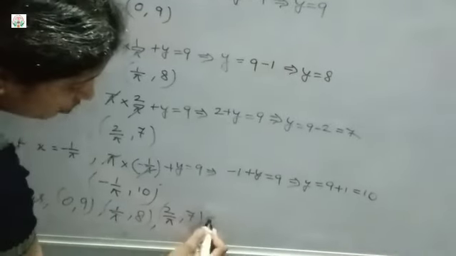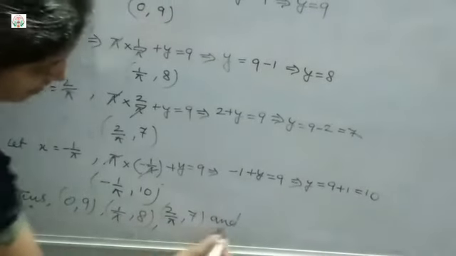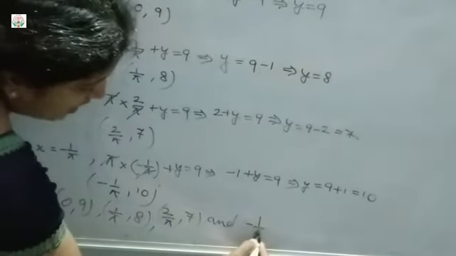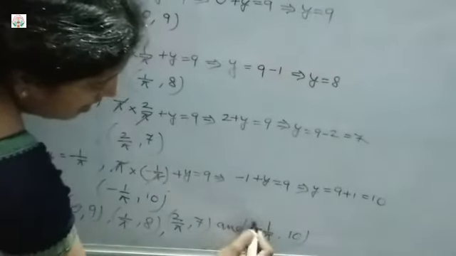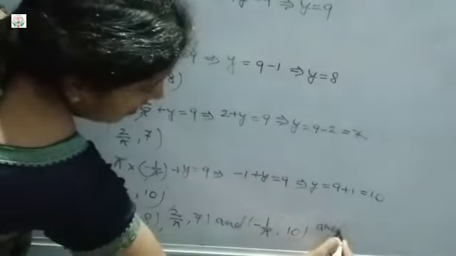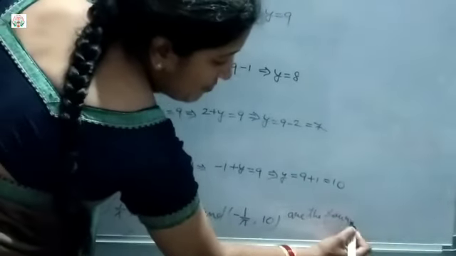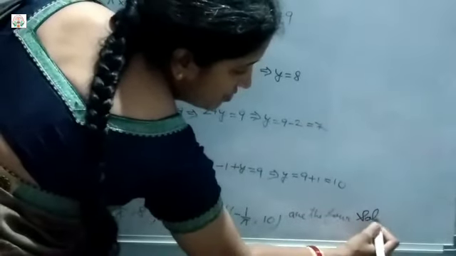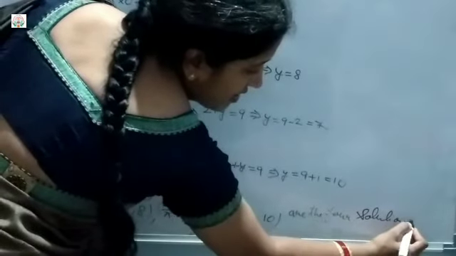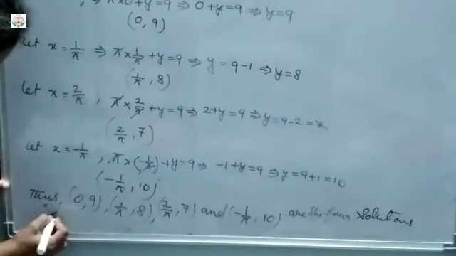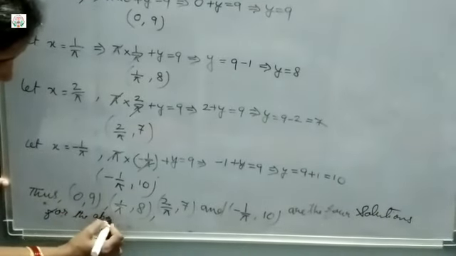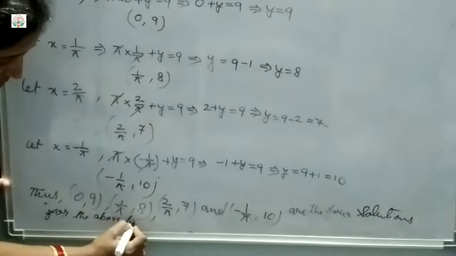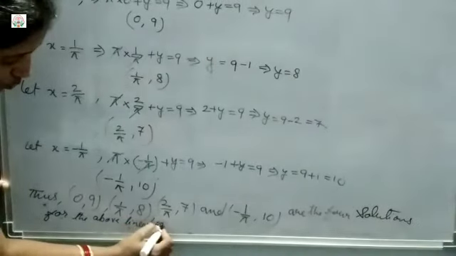And the fourth one will be what? Minus 1 upon pi, comma 10. These are the four solutions for the above linear equation.